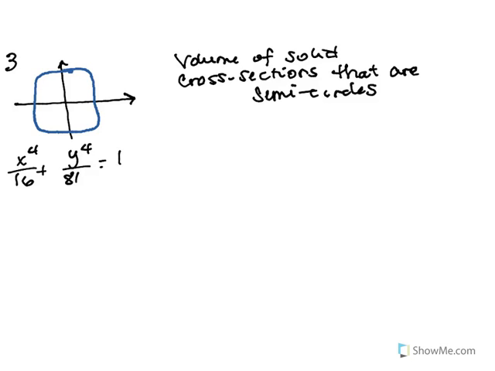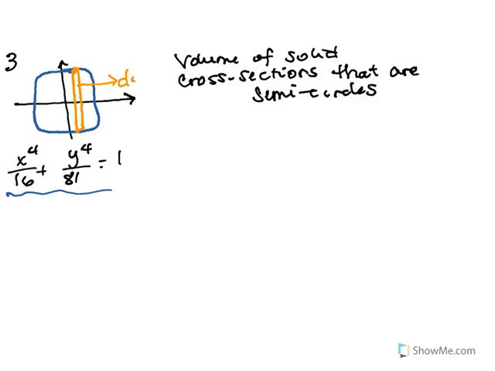Okay, on question number 3, we have this graph here with the equation given to us. This is not a function, but we're asked to find the volume of a solid created with cross sections that are semicircles. My cross sections are running perpendicular to the x-axis. Here's a representative rectangle for one of those cross sections.